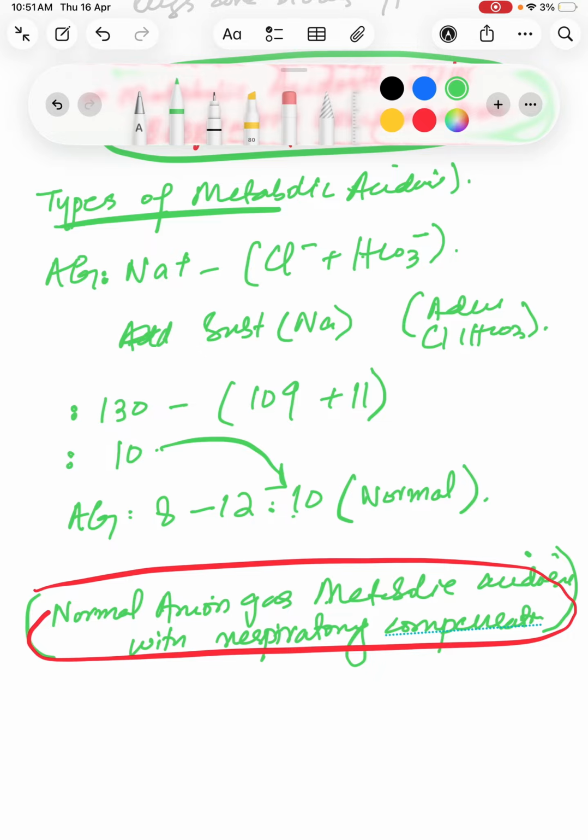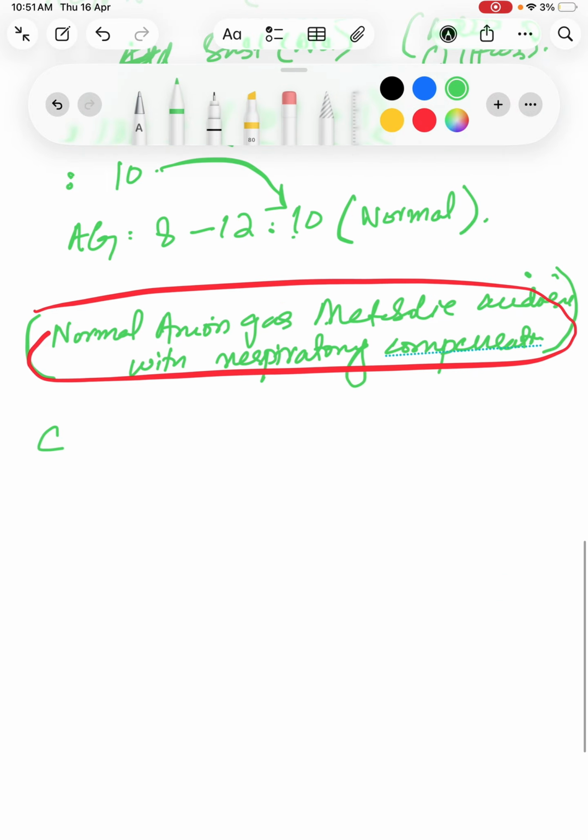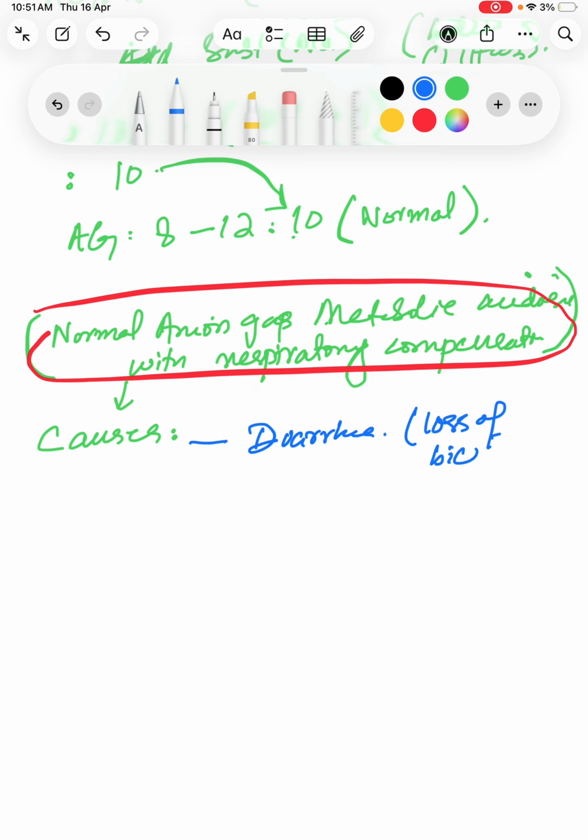Okay. Now what are the causes of this pattern? This is normal anion gap with metabolic acidosis. So the cause may be diarrhea. Diarrhea leads to the normal anion gap in which loss of the bicarbonates occurs usually. Or renal tubular acidosis, that is RTA, may be the cause.